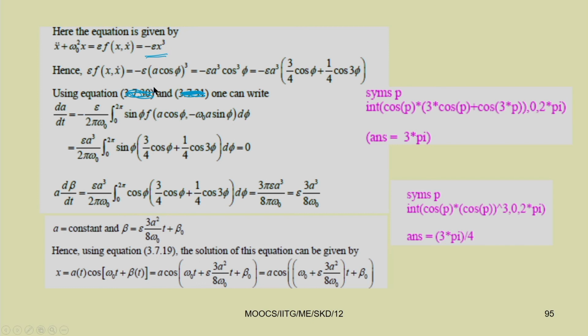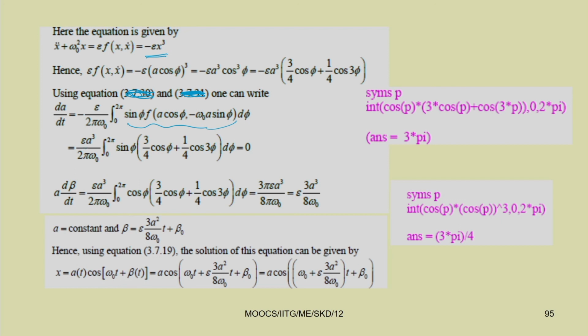We can write dA by dt equal to this forcing function multiplied by sin phi, integrated over 0 to 2 pi and further multiplied by minus epsilon by 2 pi omega 0. This integration can be conveniently done using symbolic software.